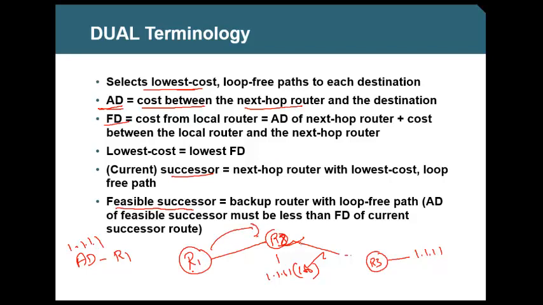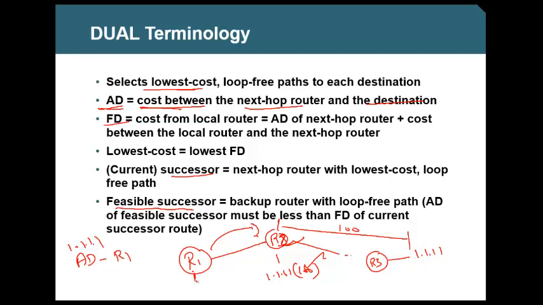I use the word neighbor, here they are using next hop. I use the word metric, they use the word cost. And the destination. So, the metric from here to here is 100. That becomes the advertised distance for the R1 router.